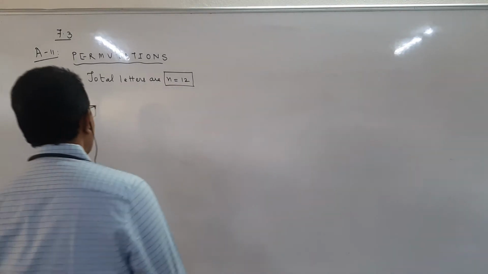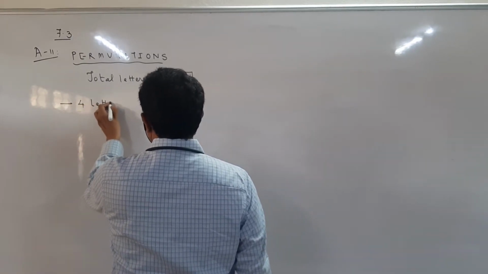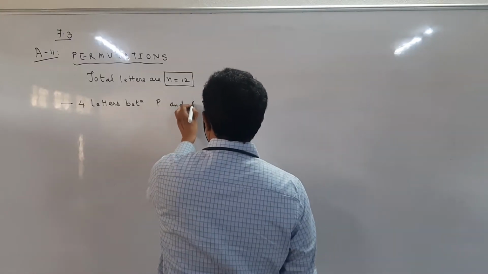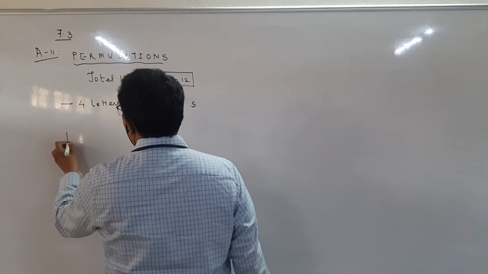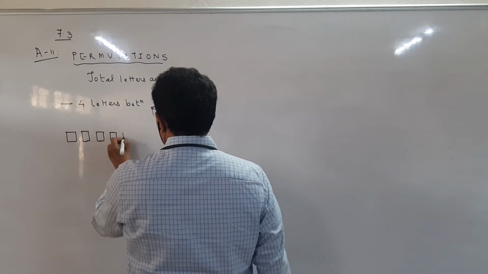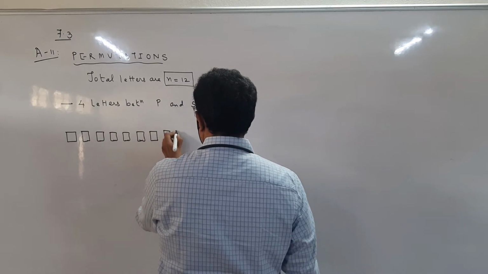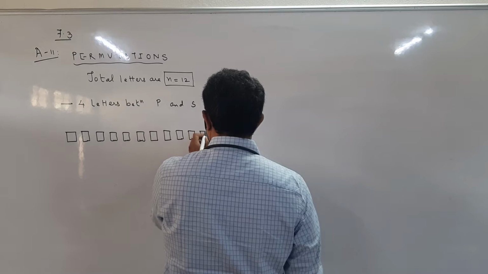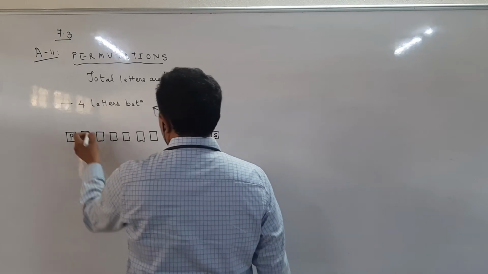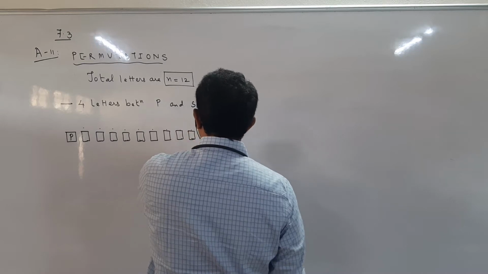Now, if I draw 12 boxes, the part is 4 letters between P and S. So, if I draw 12 boxes, which is quite obvious, here P and here S. Second, third, fourth, fifth, sixth, seventh, eighth, ninth, 10th, 11th and 12th.